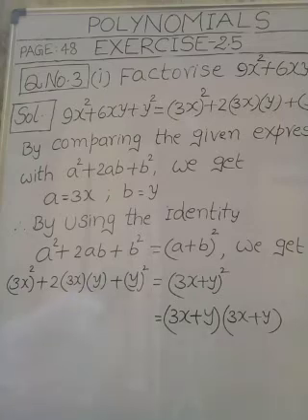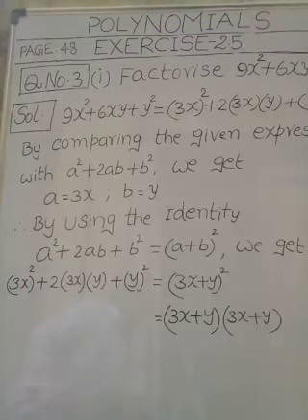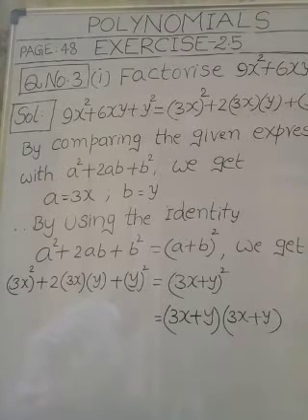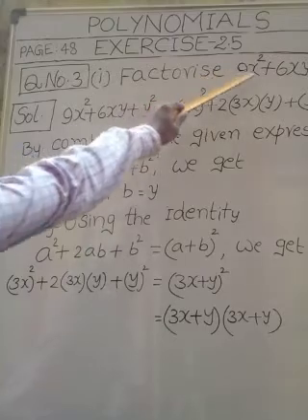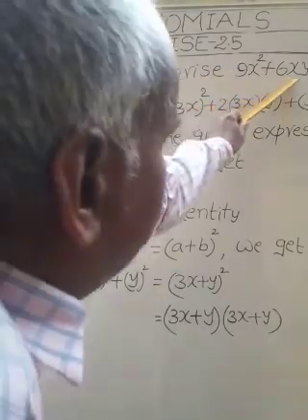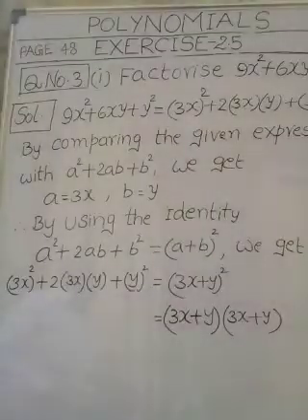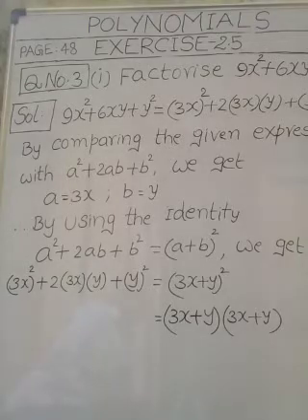Now come to question number 3, Roman number 3. In this Roman also three questions are given. Three parts are there. Here I am explaining the first part. See here, factorize 9x square plus 6xy plus y square.